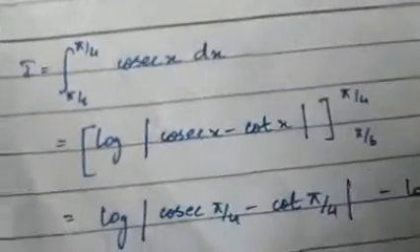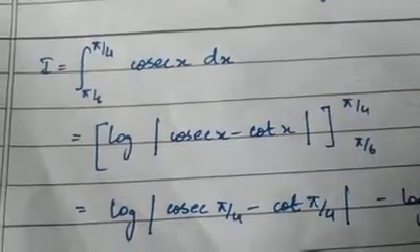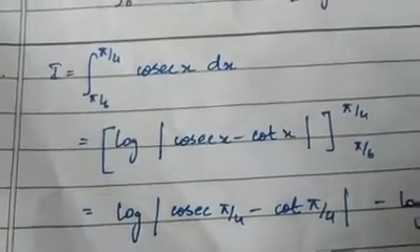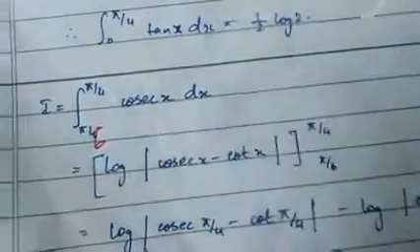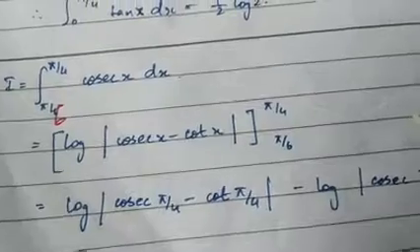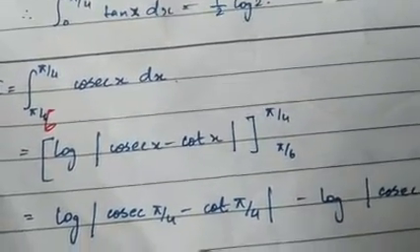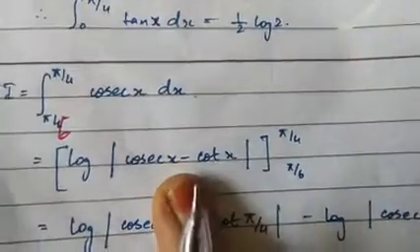The next question is also the same way, applying the formula: the integral from pi by 6 to pi by 4 of cosecant x dx. The integral of cosecant x dx formula is log of modulus of cosecant x minus cot x. Therefore, you have integrated and written the formula.